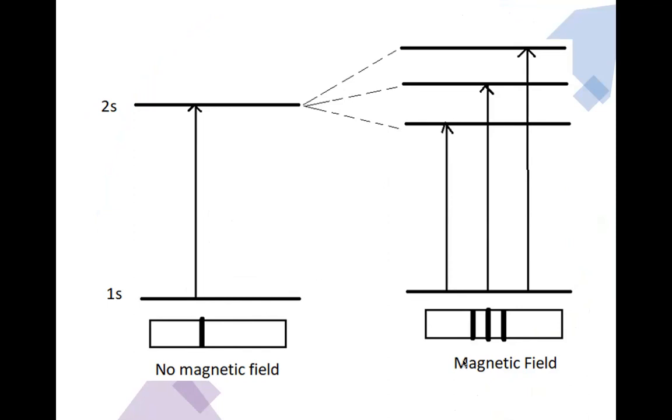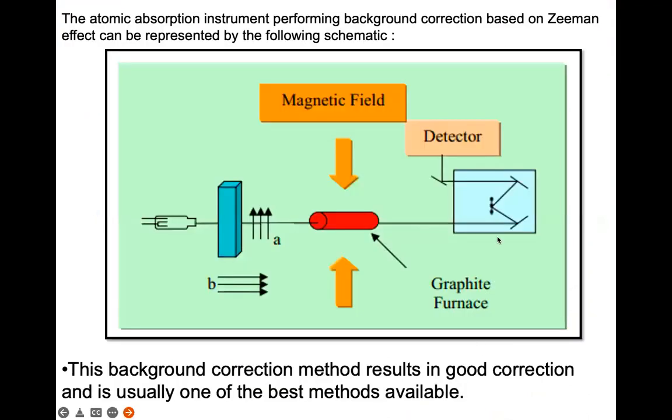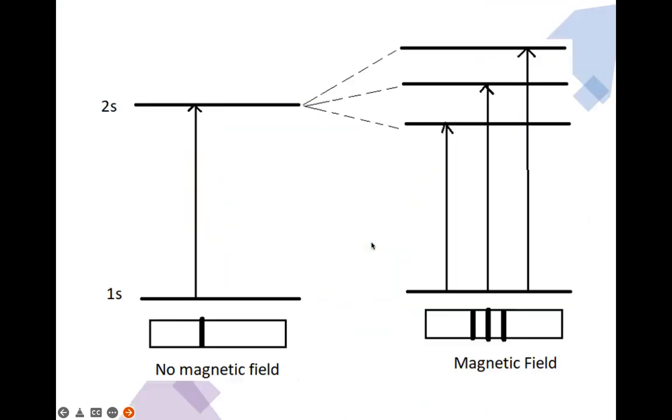But if you introduce a magnetic field, just like this one, to the atomizer, what happened is there will be what we call a splitting. This splitting is well observed in NMR.